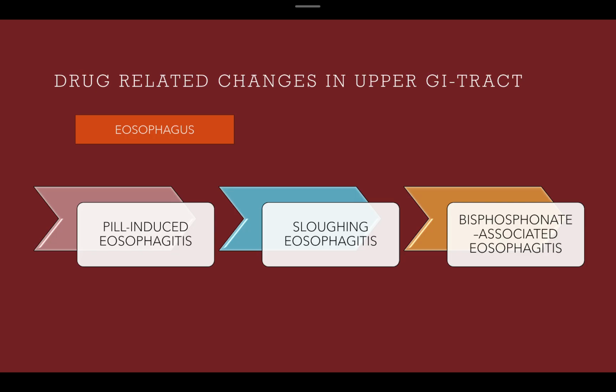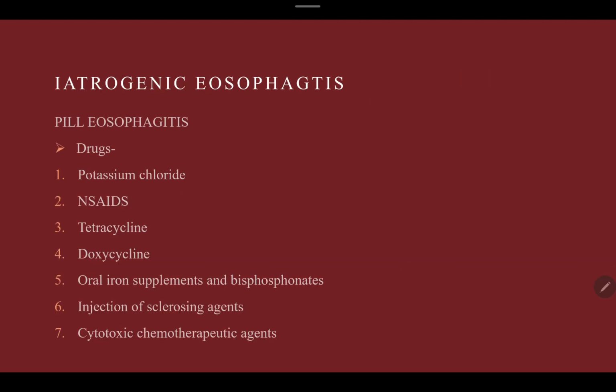So first we'll be talking about the drug-related changes in the upper GI tract, starting with the esophagus. In the esophagus we'll be seeing pill-induced changes, sloughing esophagitis, and bisphosphonate-associated esophagitis. Pill-induced esophagitis, called pill esophagus, is an iatrogenic esophagitis due to continuous intake of different drugs. Which pills?